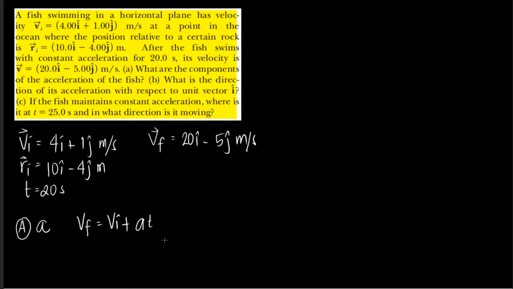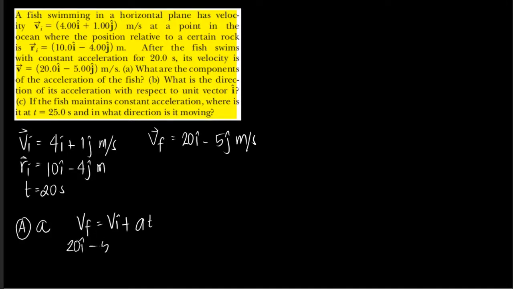But this time we are using it quite differently. For A, we have values for vf, vi, and we also have t. Because the values for vf and vi are separated according to their components, we don't have to worry. Which is good, I think.